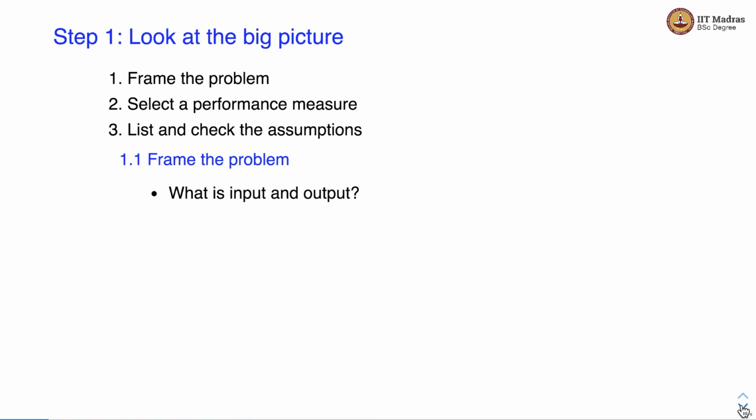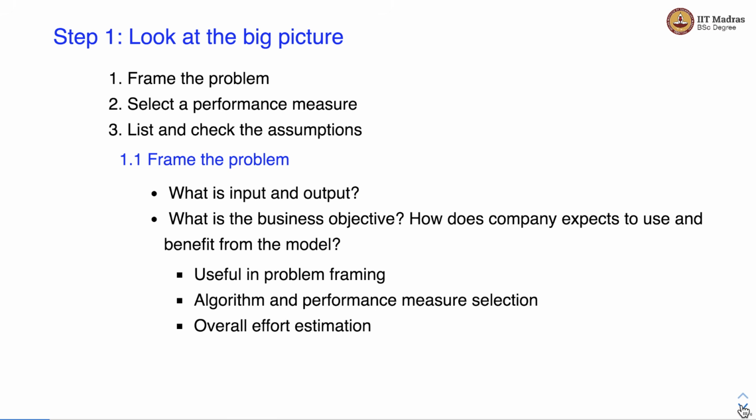As part of framing the problem, we need to figure out what the input and the output are, what the business objective is, and how the company expects to use and benefit from the model. This kind of information is useful in problem framing. It is also useful in algorithm and performance measure selection, and it also aids in overall effort estimation.